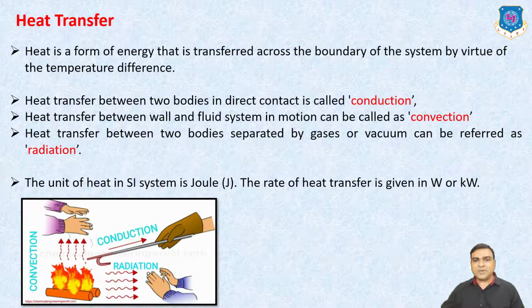Heat transfer between two bodies separated by gases or vacuum is referred to as radiation. So you can see the difference between conduction, convection and radiation. The unit of heat in the SI system is joule. The rate of heat transfer is given in watt or kilowatt.